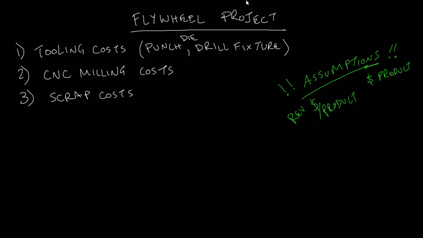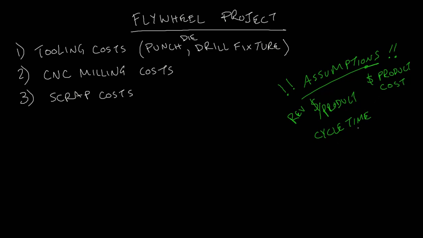Seasoned manufacturers will have a really good idea how to cost the product, and the cycle times. Until you build it, you don't know your cycle times, but you can make an assumption based on time studies.